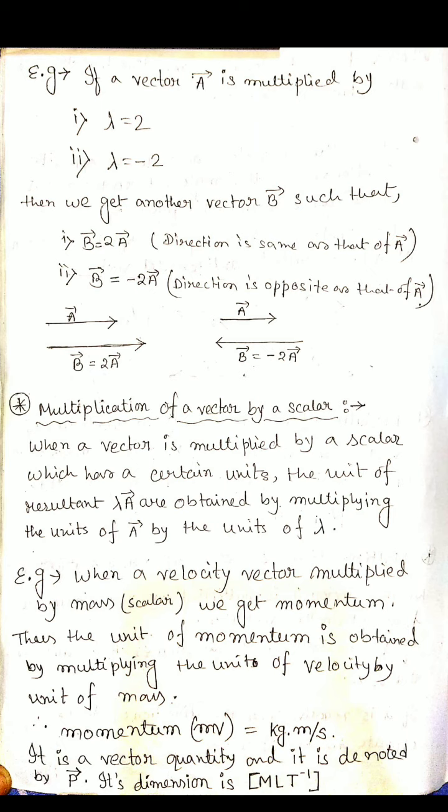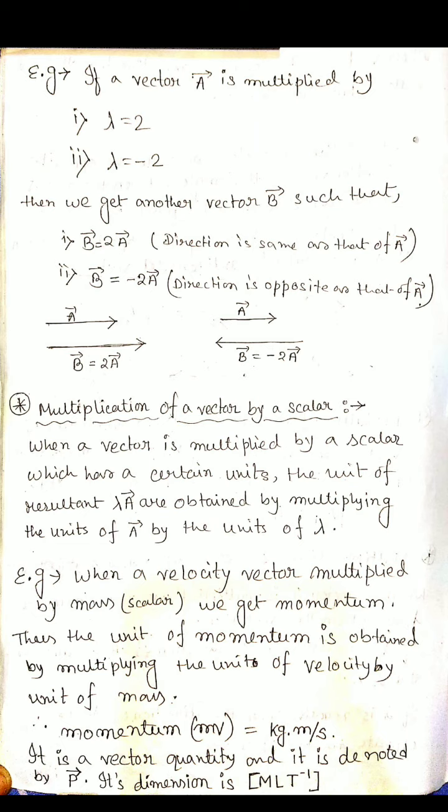Understood? So if any vector is multiplied by a scalar quantity, the new product we get is also a vector quantity, and the unit of that new vector is obtained by multiplying the unit of the vector and the unit of the scalar quantity.